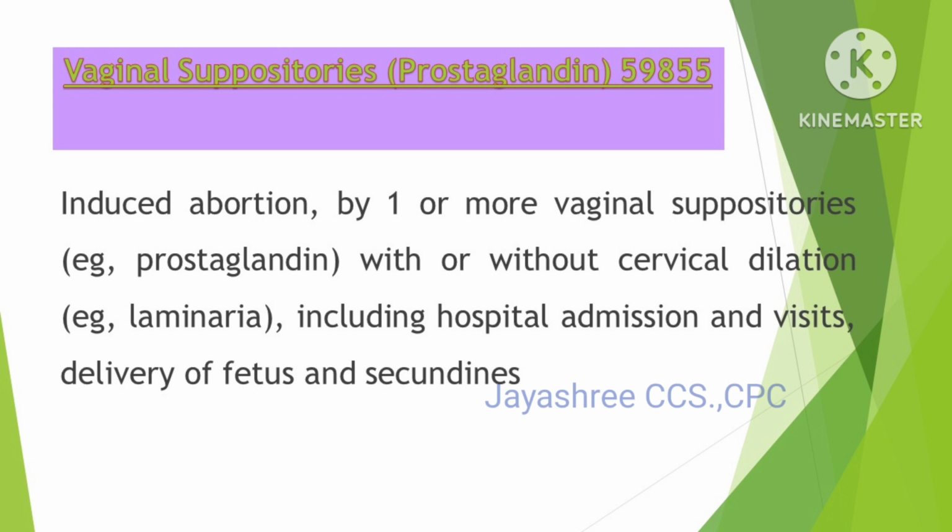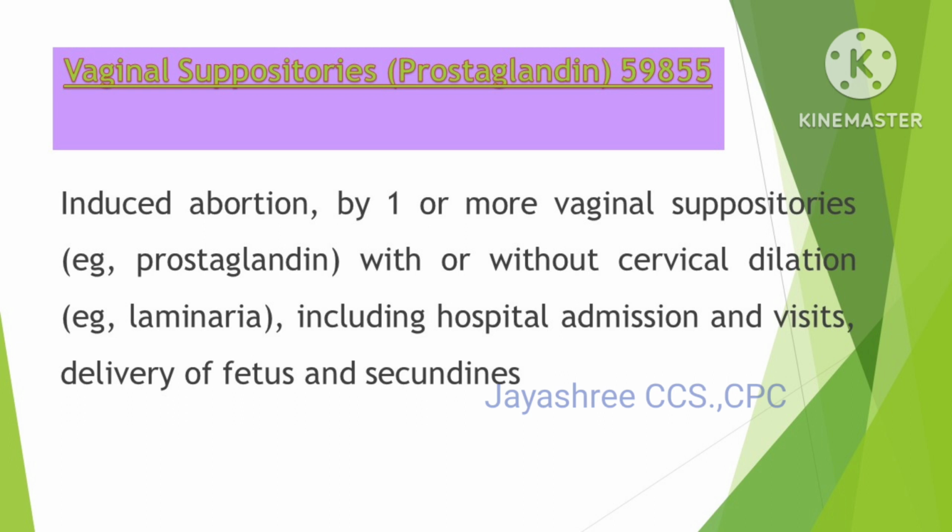Okay, let's see the definition of this CPT code. In this global procedure, the provider terminates the pregnancy by inserting a vaginal suppository to induce labor contractions and may also insert laminaria to dilate the cervix. The patient will be admitted to the hospital and the provider inserts this drug.